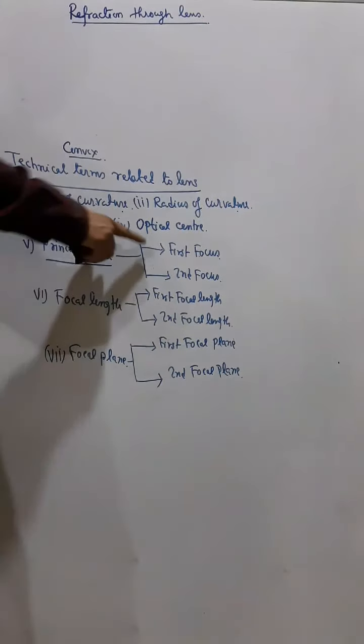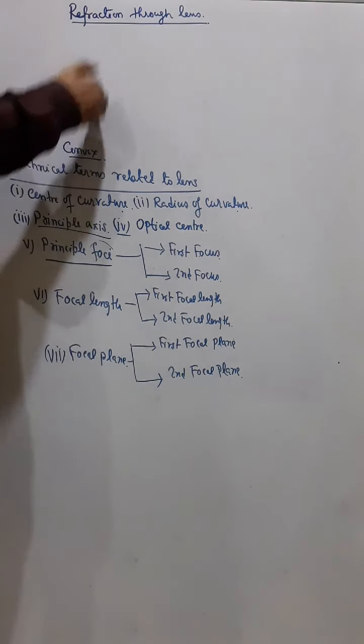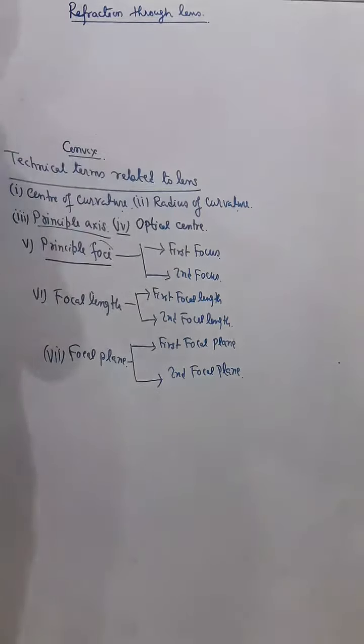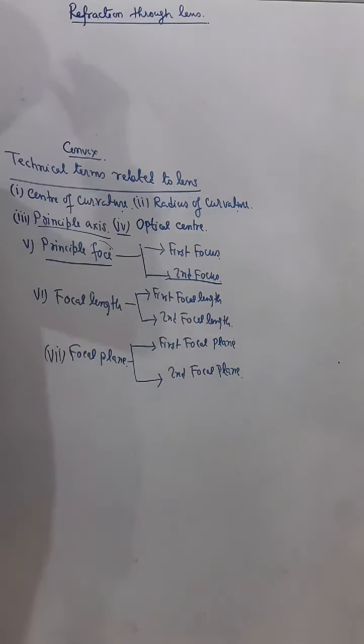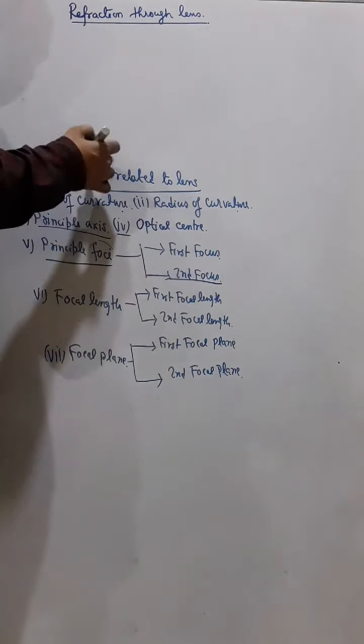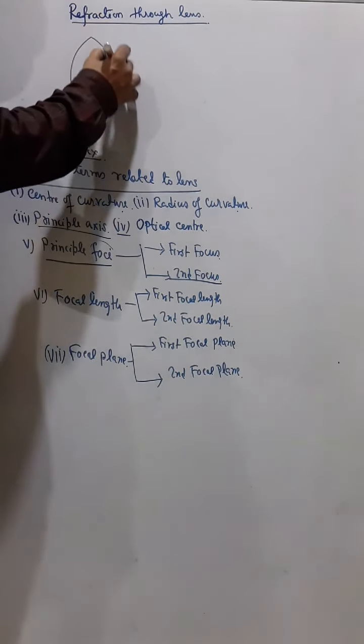So that is the first focus we have seen. So we can say first focus is a point such that if light starts from there, after passing through the lens, it becomes parallel. Now what is second focus? Second focus of a convex lens, you can say the definition is just the reverse.